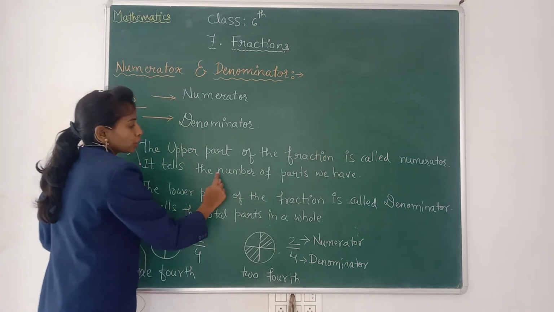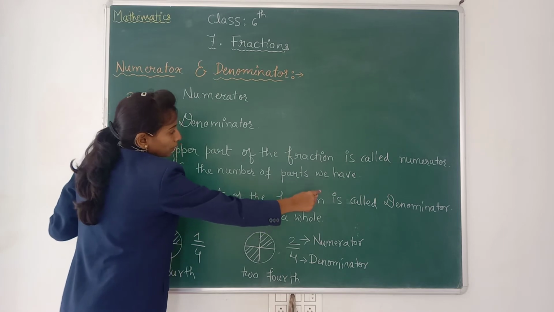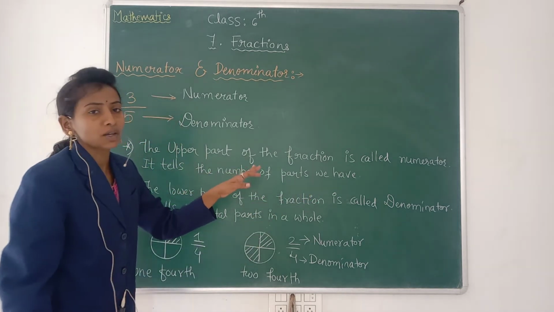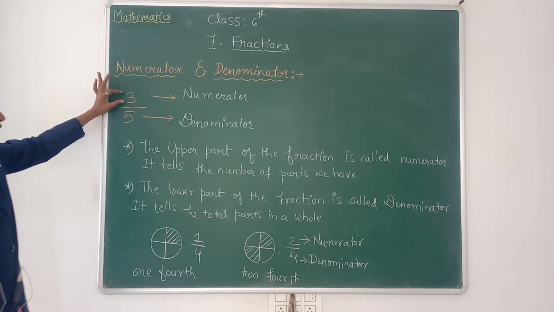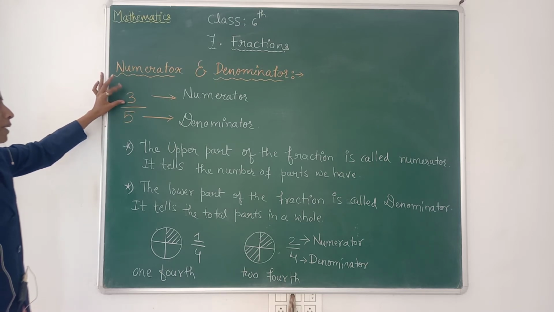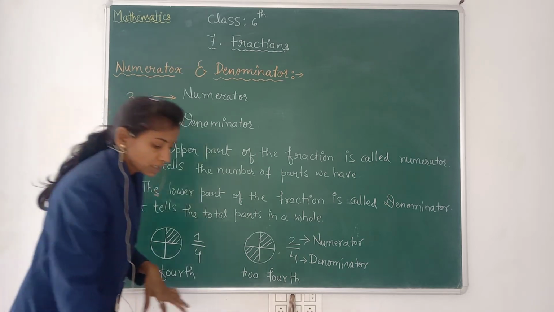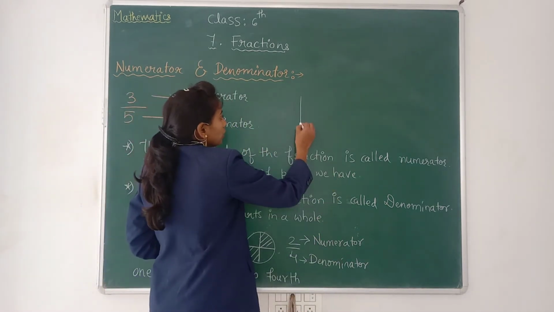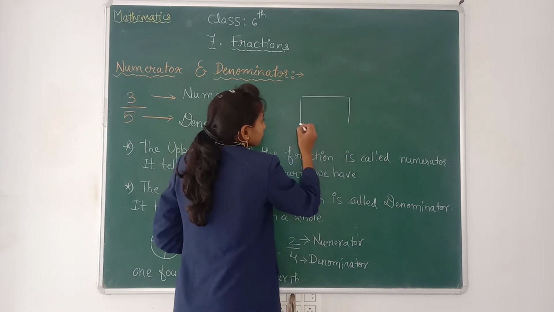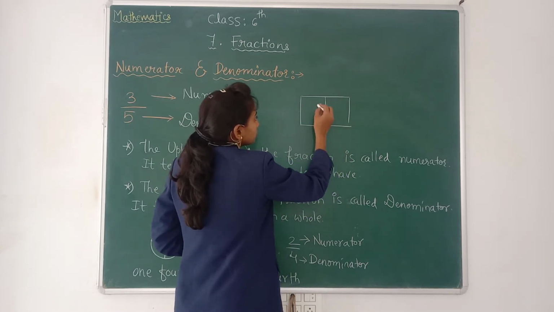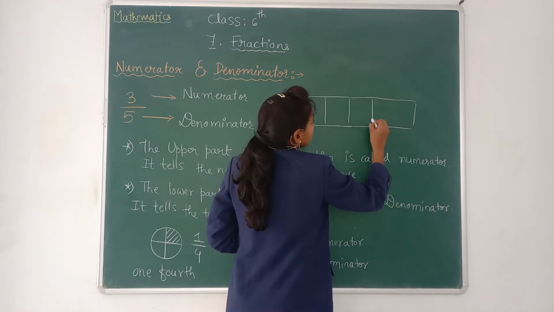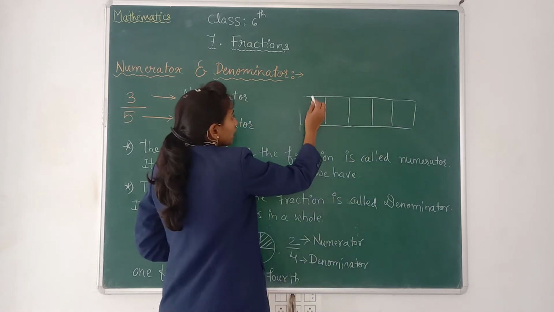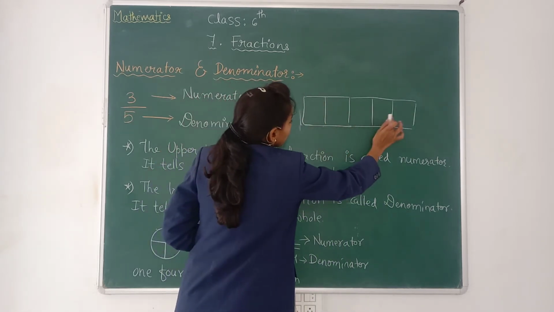It tells the number of parts we are considering. Suppose here we have 5 equal parts: 1, 2, 3, 4, 5.